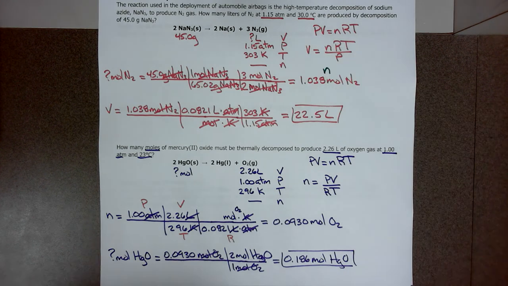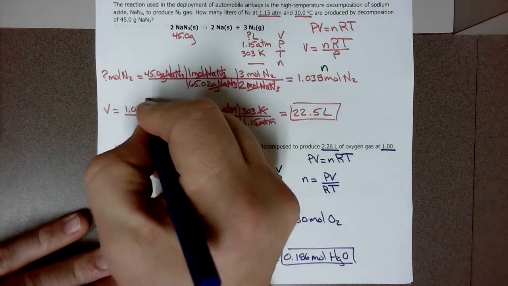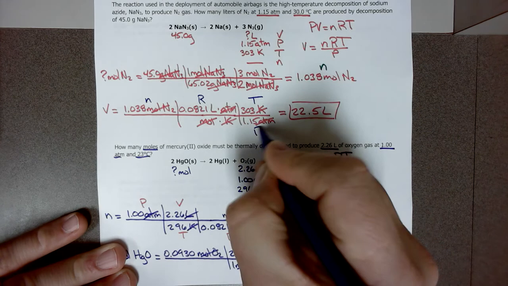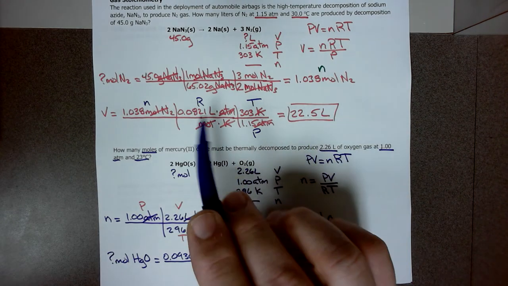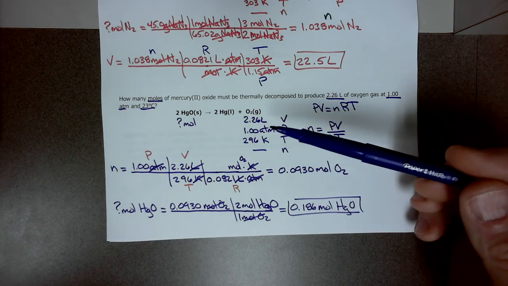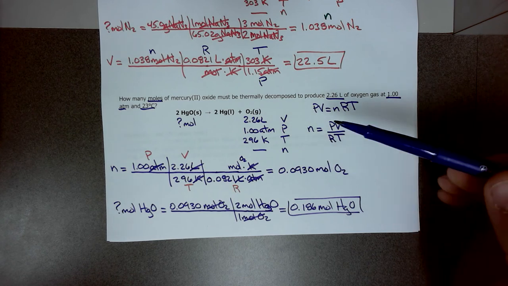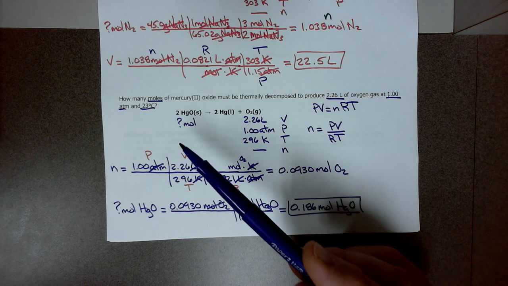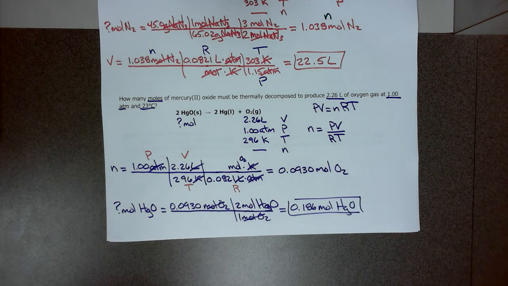Remember, this equation is n equals PV over RT. In this case, I did stoichiometry to find the moles, and then I'd use the equation. Now, when I write out all my variables and I'm only missing one of them, then I use the equation to find that missing variable and then do stoichiometry. So that's how you make the decision on which one's first.